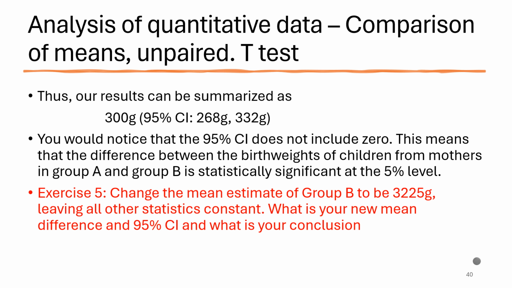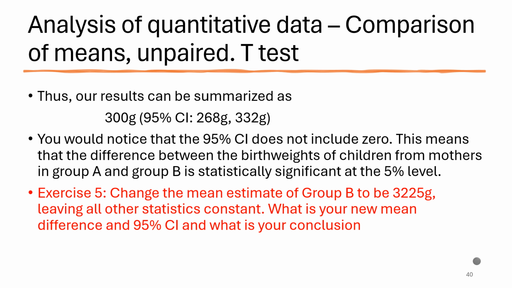You would notice that the 95% confidence interval does not include zero. This means the difference between the birth weights of children from mothers in group A and group B is statistically significantly different at the 5% level, right?